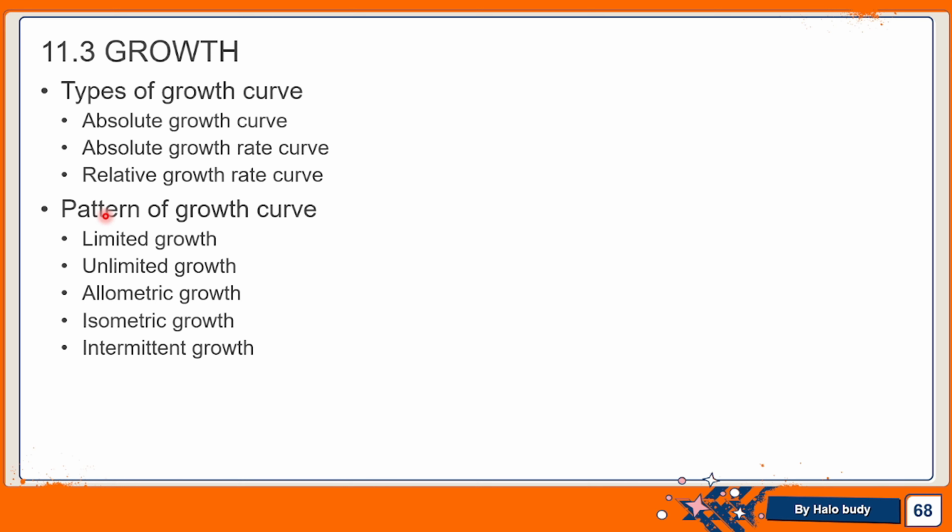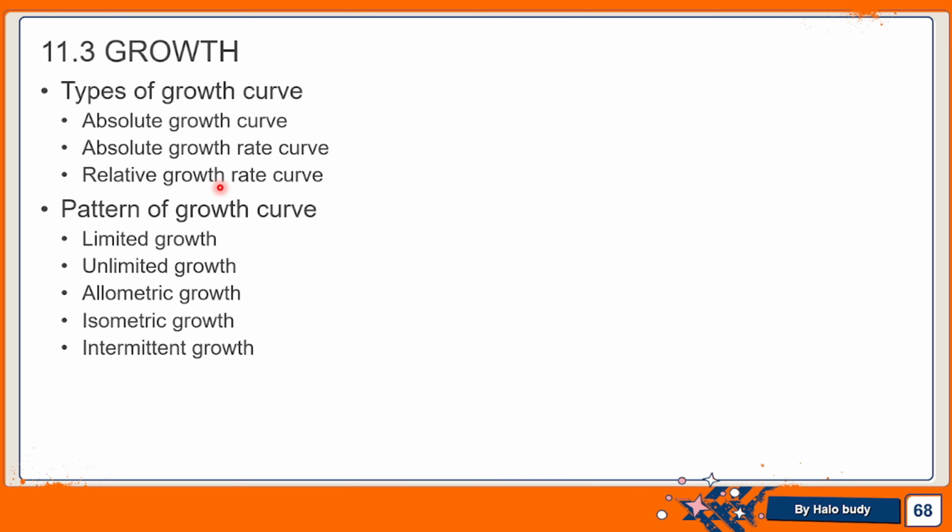If they require you to explain the type of growth curve, these are the three explanations that you need to give. If the question asks you to explain the type of growth curve, but you give limited growth, allometric growth, then no marks. Totally no marks, because you did not answer the question. Or vice versa, they require you to explain the pattern of growth curve, but you explain that absolute growth curve is blah. You explain like that, wrong answer, totally wrong. So please differentiate these two very well.